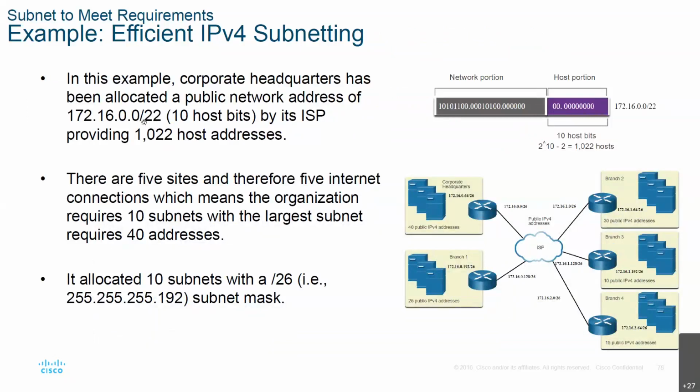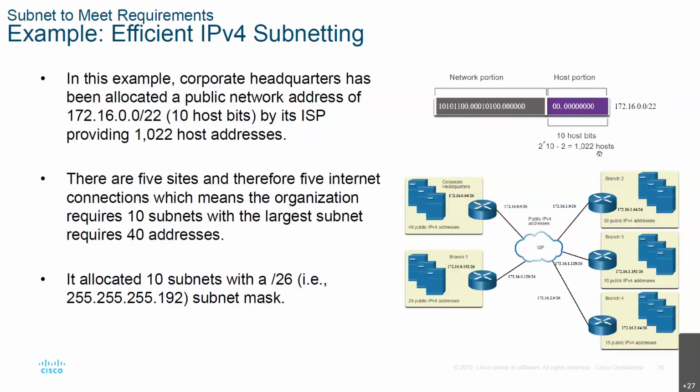Host address is 32 minus 22, which is 10 host bits. So here, if we count, this should be 22 bits, and this one is 8 plus 2, 10. So how many hosts can we have in this network? 2 to the power of 10 minus 2. That means 1,022 hosts.